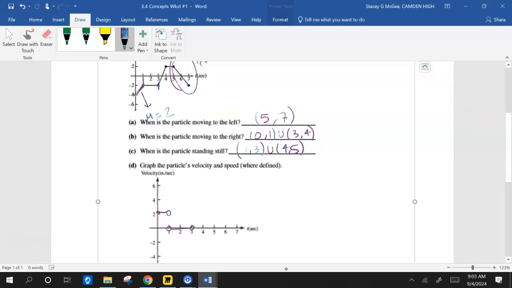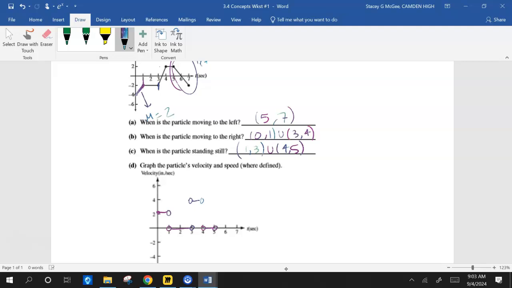And then from 3 to 4, what's my slope? I go up 4 over 1, so the slope is 4. Is that right? And then 0 from 4 to 5.